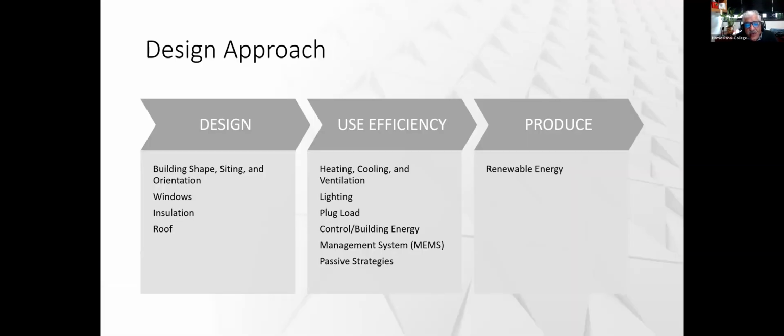So the design approach for this is what shape the building is, where it is located, what its orientation is. All of these matter because of the solar radiation. And generally, if the building has enough area facing south on the roof, then it has the highest level of solar potential that they can use.